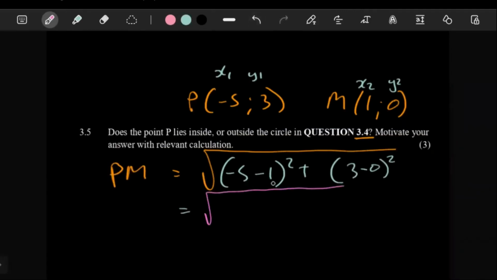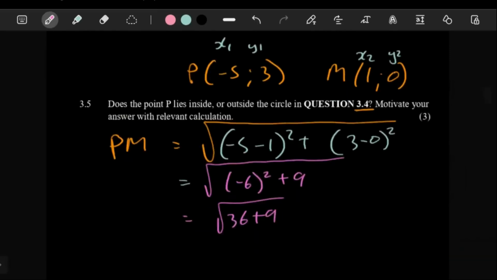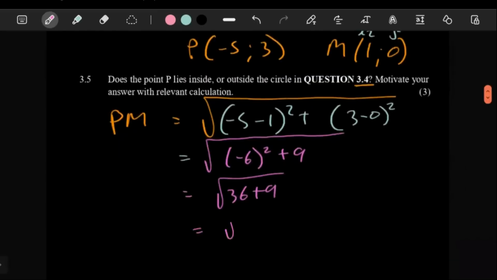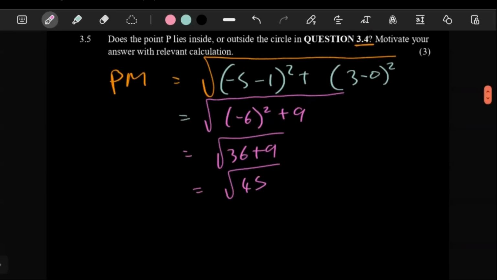Negative 5 minus 1 is negative 6 squared, that's 36. 3 squared is 9. And then it's like 45. So the square root of 45 is what PM is.